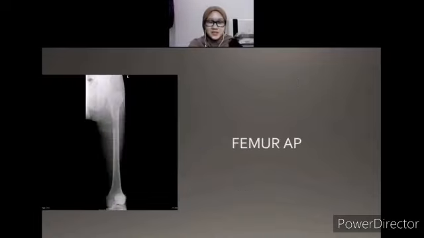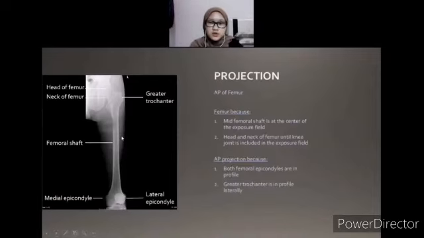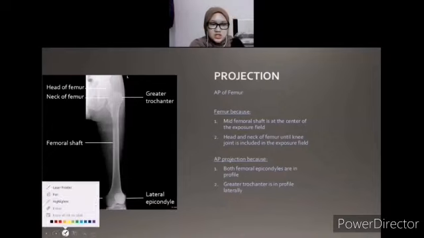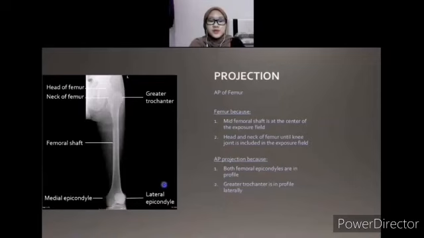This is my image of femur AP. For the projection, this is a radiograph of an AP projection of the femur. I say this is a projection of the femur because the mid-femoral shaft is at the center of the exposure field, and the head and neck of femur until the knee joint is included in the exposure field.